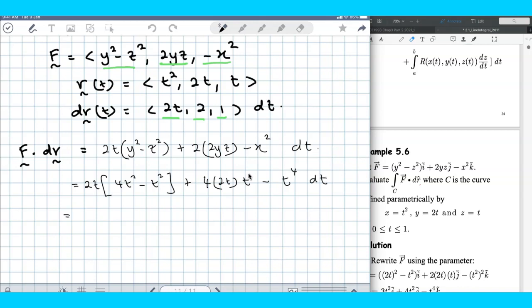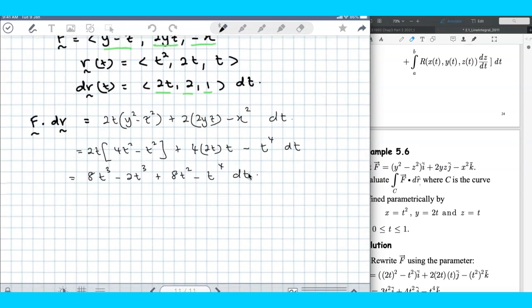So then we expand that, you have 8t cubed minus 2t cubed plus 8t squared minus t to the 4 dt.